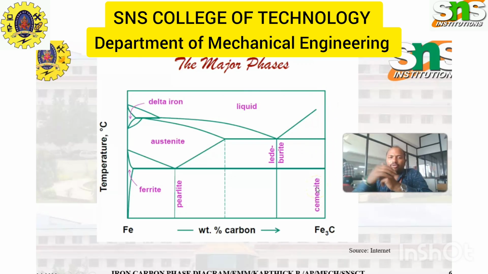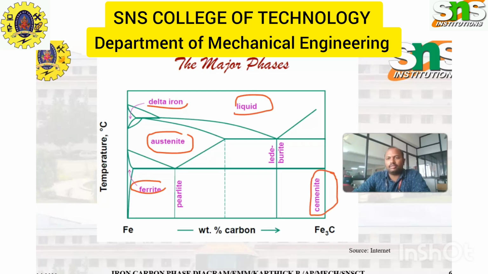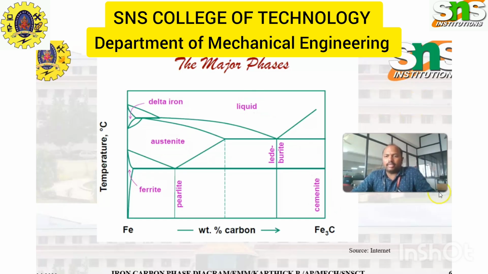So these major phases are formed in a homogeneous, single phase manner: delta iron, austenite, liquid, ferrite, and cementite are the single phases, or the major phases.